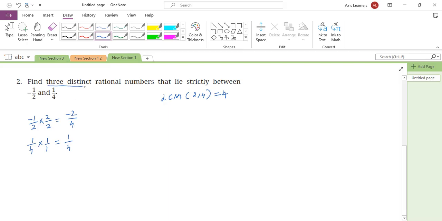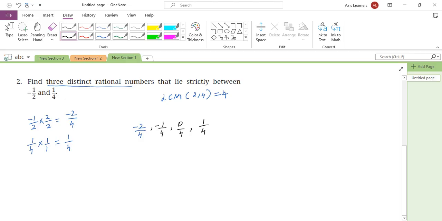We need to find three distinct rational numbers. Now the denominators are same, so I am going to write the numbers. Minus 2 by 4 is the first number. Next number is minus 1 by 4, and 0 by 4. Next number 1 by 4.